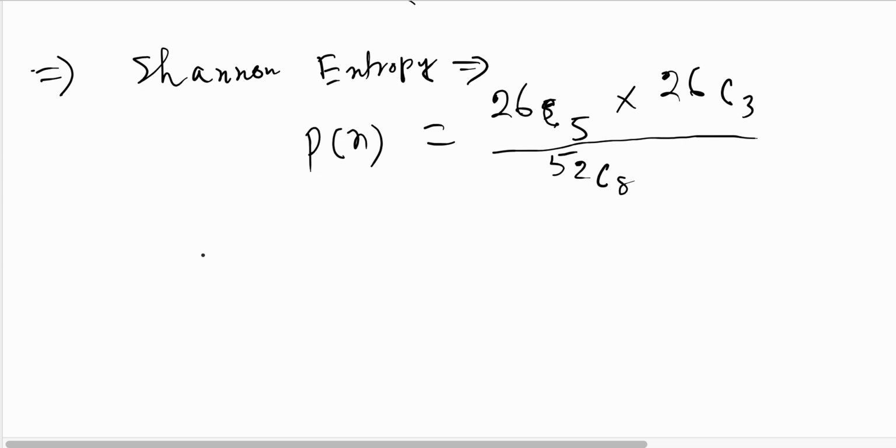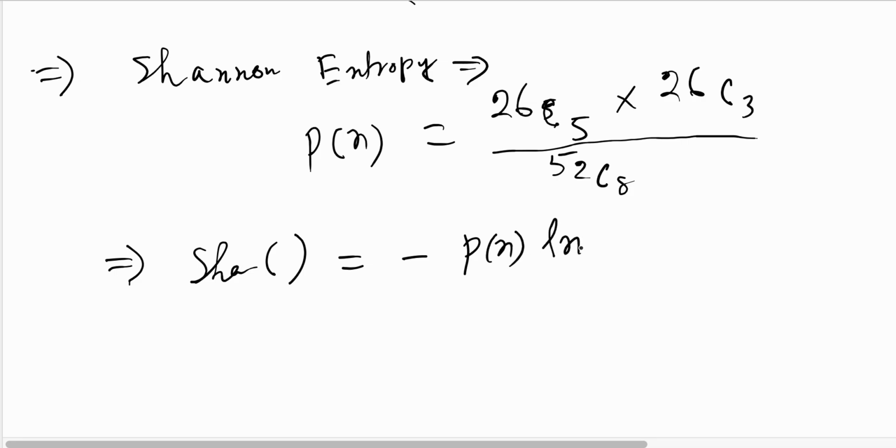Now that means the Shannon entropy will be exactly minus Pn log Pn minus (1 minus Pn) ln (1 minus Pn), with log in the natural base.